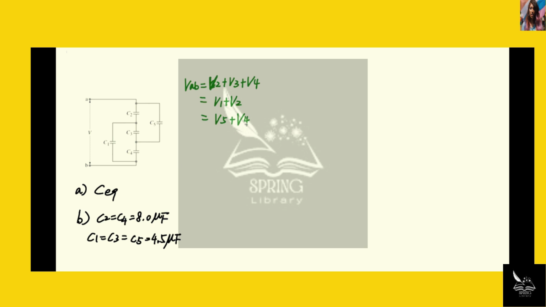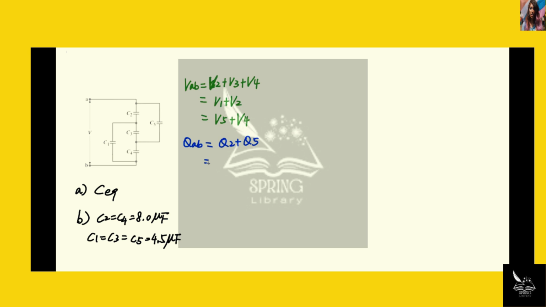And then there are also three independent charge relationships. So the total charge QAB. So this is a charge, and we can see from this branch QAB equals Q2 plus Q5.